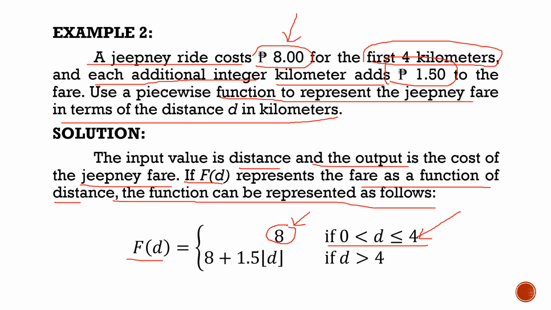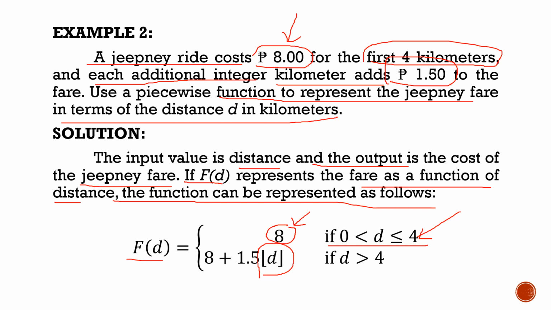As you can see here, the symbol around d denotes the greatest integer, or the floor function applied to d. So the floor function gives what? The largest integer less than or equal to d.